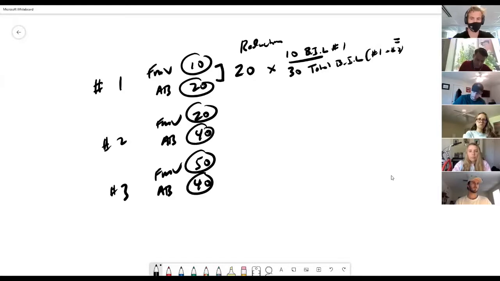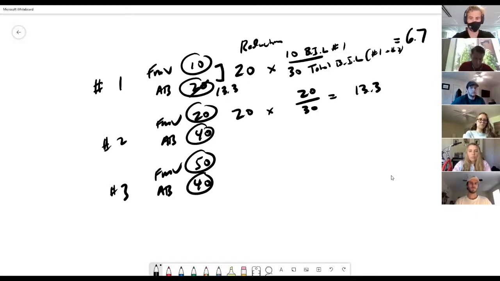So the reduction there would be 6.7. And the reduction for number two would be 20 times 20 of built-in loss for number two over 30, which is 13.3. So number one's basis would go down to 13.3 and number two's basis would go down to 26.7.